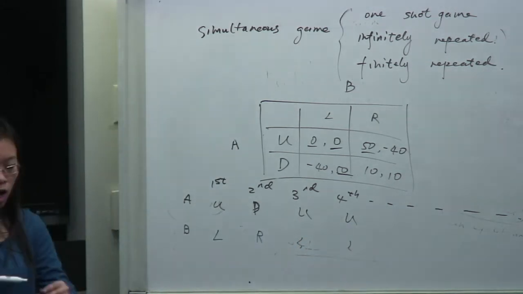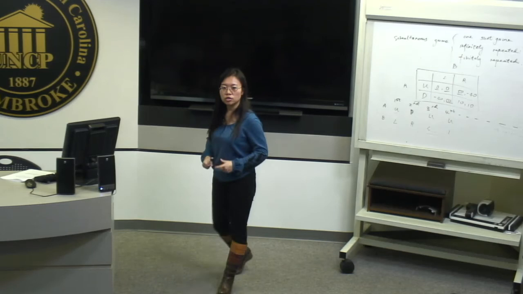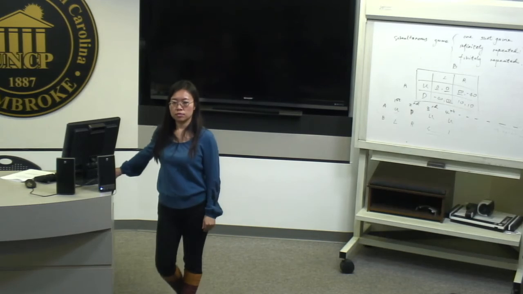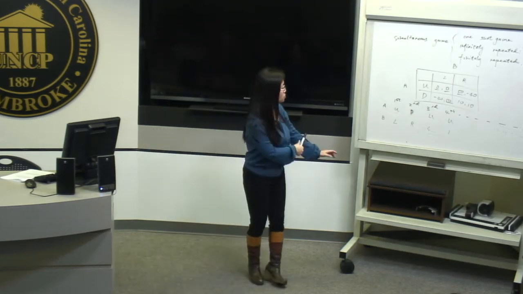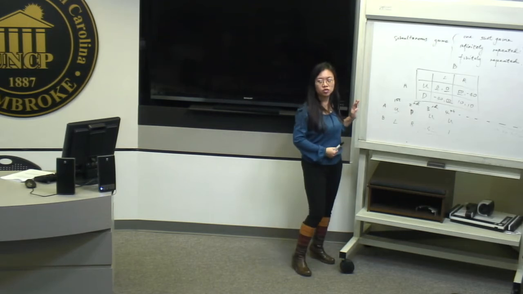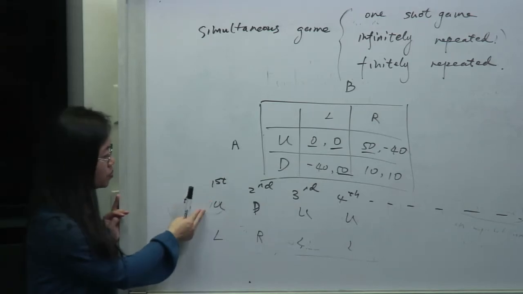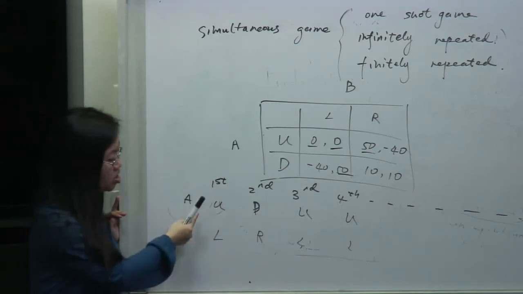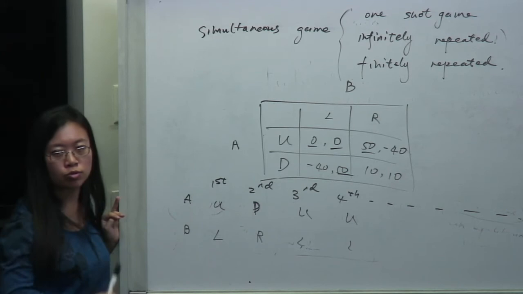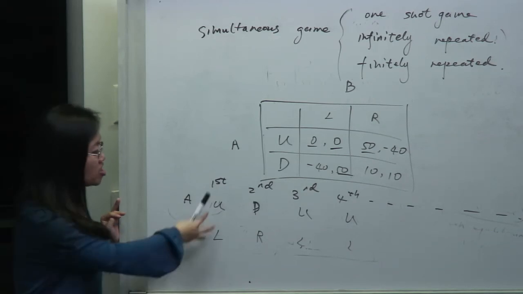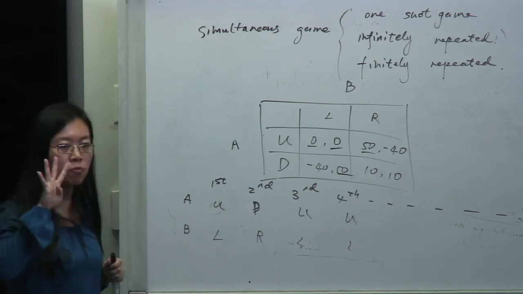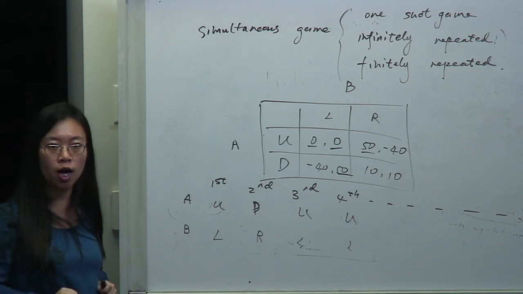So how many possible strategy profiles are there? In each round, each player has two strategies to choose from, so in just one round you have four possible outcomes.